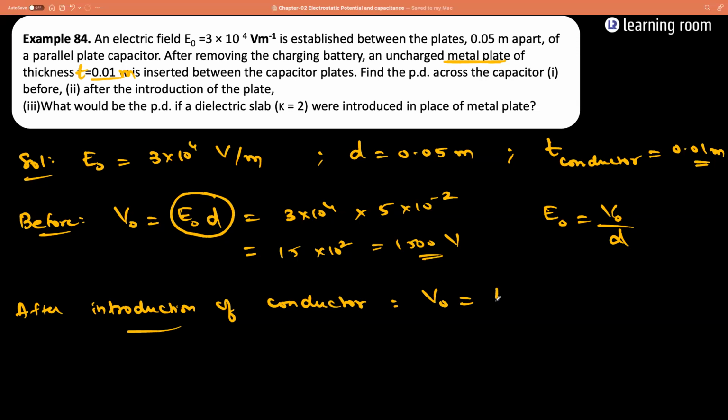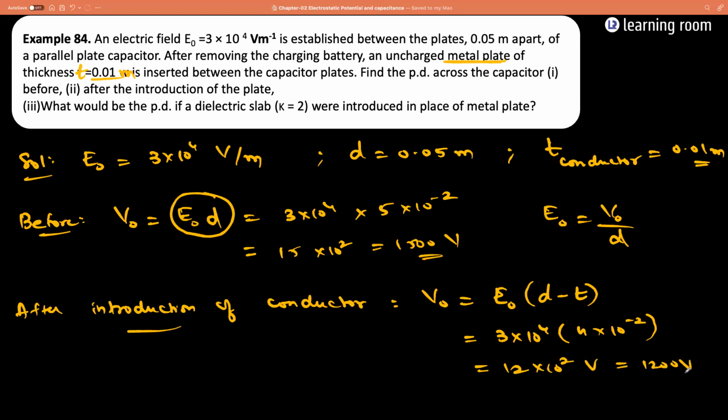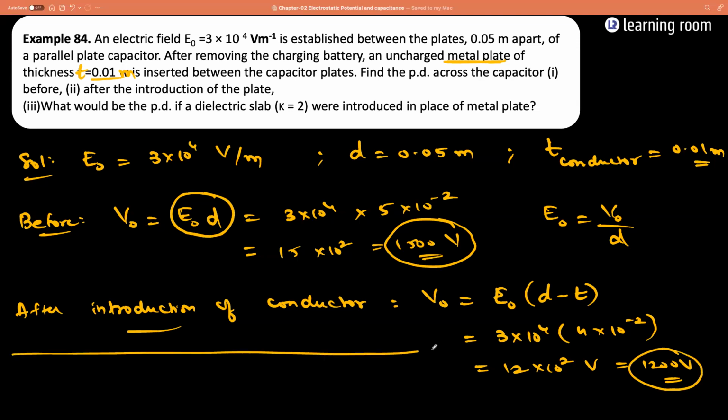Yes, it is E naught into D minus T. So 3 into 10 power 4 into D minus T, which is 4 into 10 power minus 2. So it will be 12 into 10 power 2 volt, or 1200 volt. Means there is a potential drop of 300 volt. Initially it was 1500, now it has dropped to 1200. Am I clear?